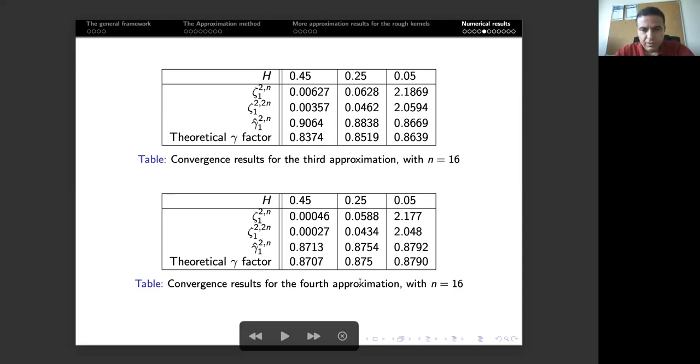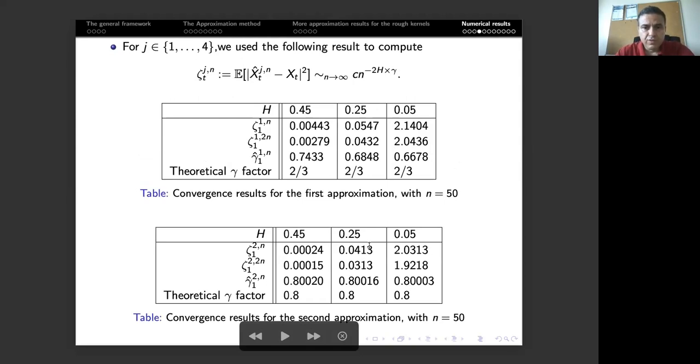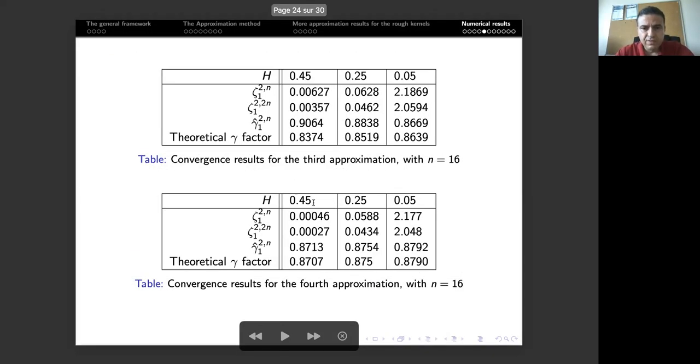Same thing for the fourth scheme, the one based on Simpson with the tricky choice of the Dirac weights. We have a good approximation here for the rate, so we recover our theoretical result. However, as you can notice, for all four schemes, even the most efficient one, which corresponds to the fourth approximation, yes, we recover the good rate.